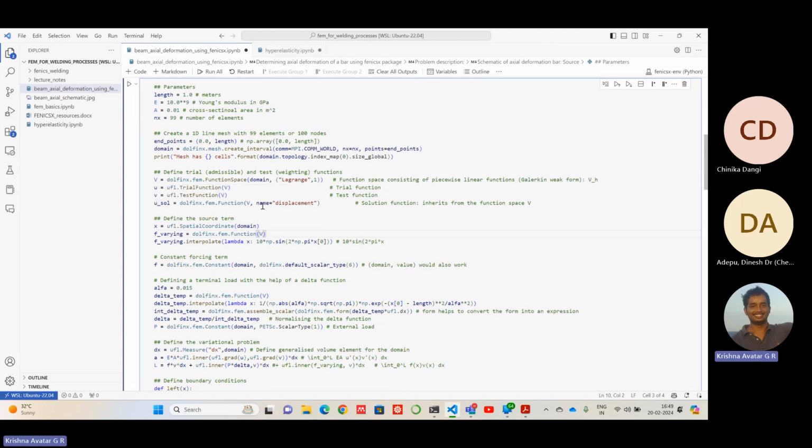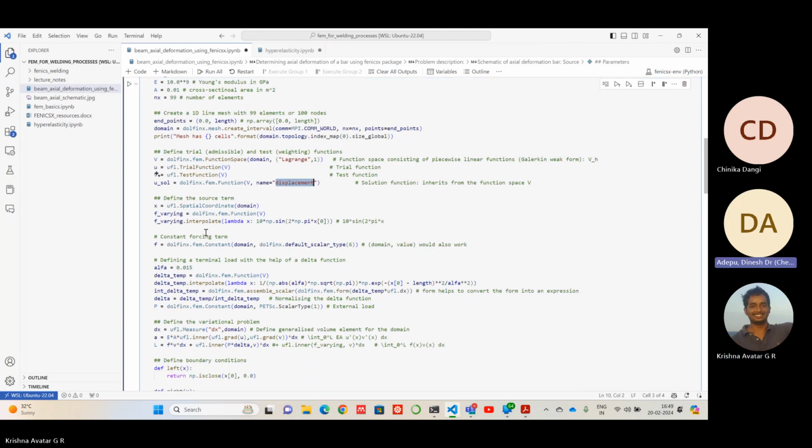So we have defined u_sol and also assigned the name displacement. It means this u_sol we will call displacement when we are saving our solution file. Now, once we have that, we would like to define the source term, or what we call the forcing term.